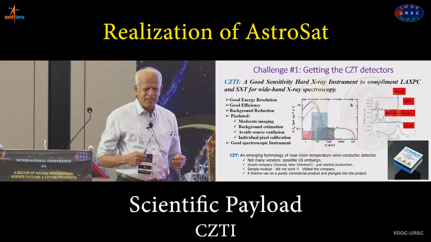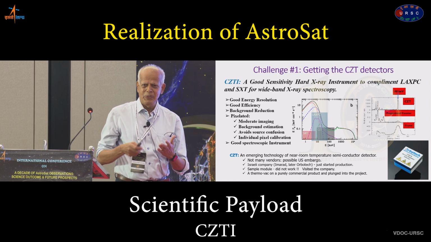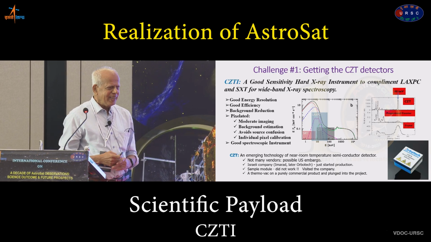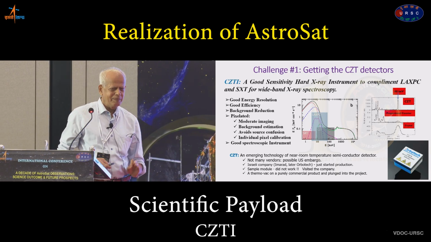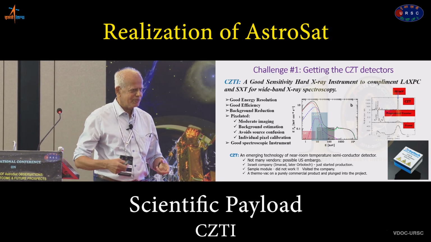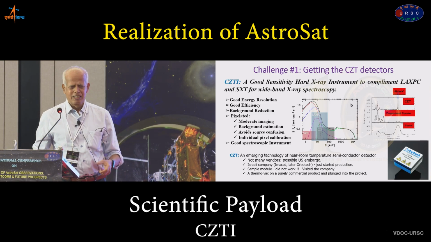Even some of the major detector people who were fabricating were not even replying to our emails, like eV Products in USA. Finally, we had to make do with a commercial product from an Israeli company who were barely developing it for lab purposes, for medical technology. It was not known that it would work for space.